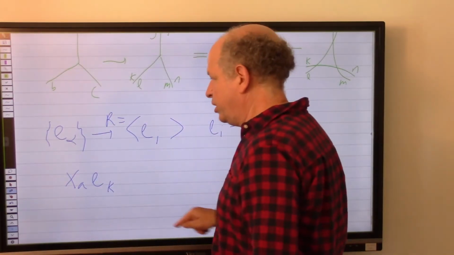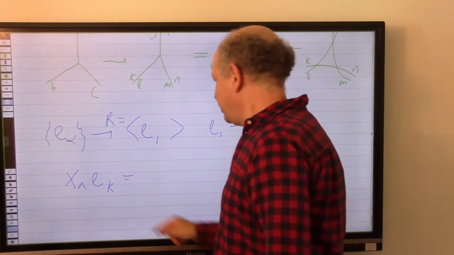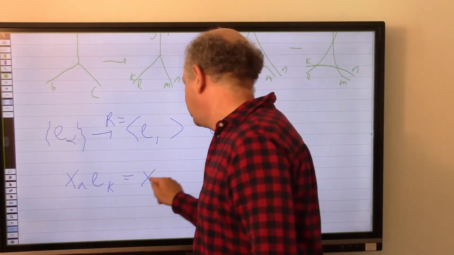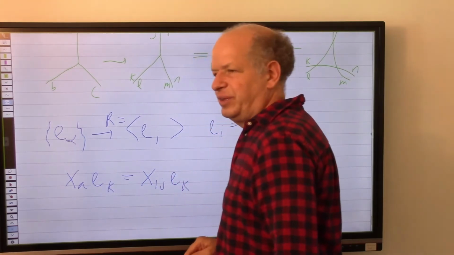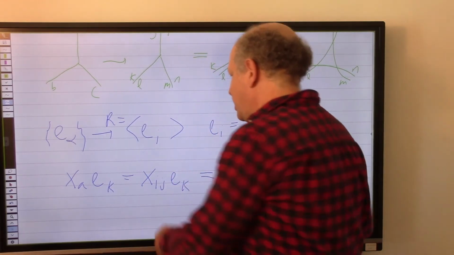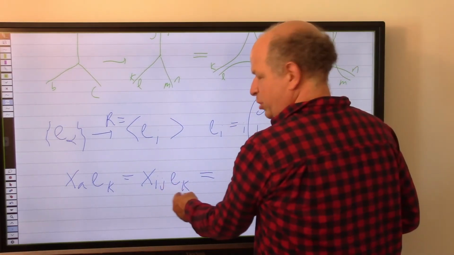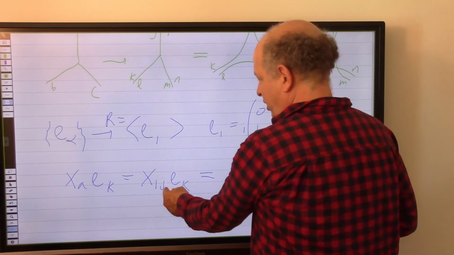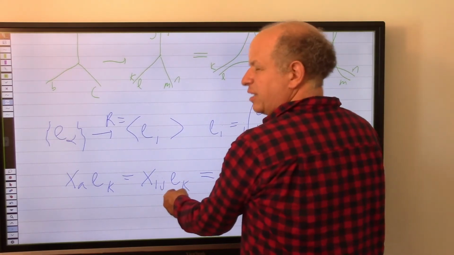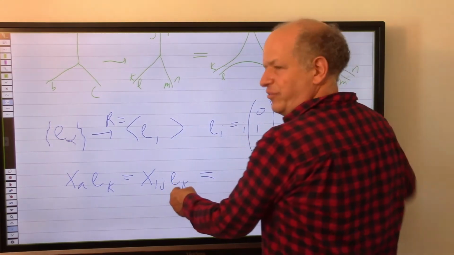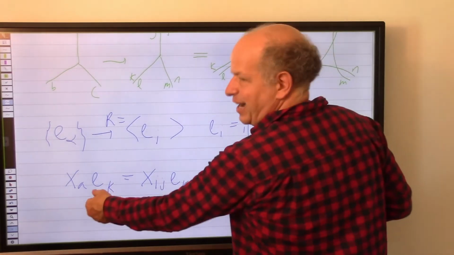So let's do it, except XA, this becomes a pair of indices, so I have to compute Xij acting on EK, but Xij acting on EK, well, the only contribution is if J is equal to K. And then the contribution is EI.